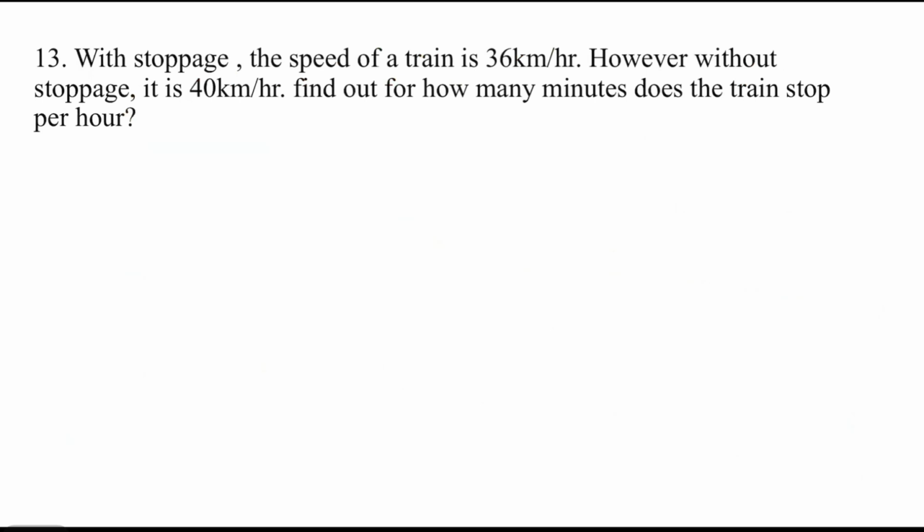See here, for 1 hour with stoppage, the speed of the train is 36 km per hour, isn't it? Means with stop it is covering 36 km in 1 hour.